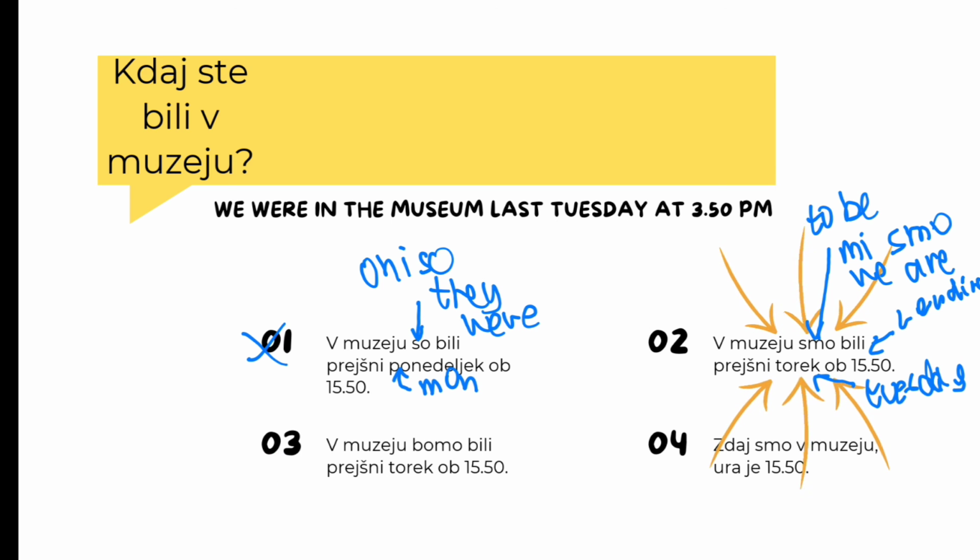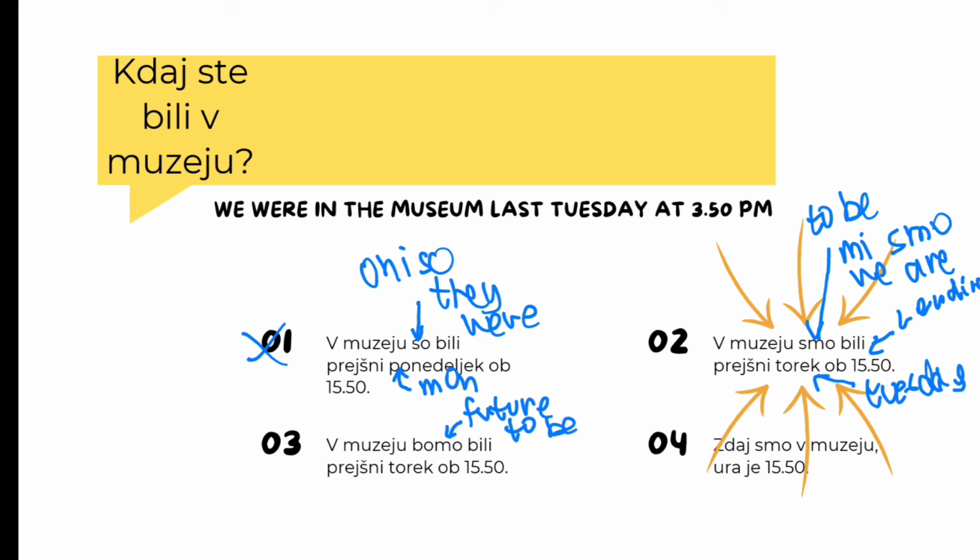Now, why is the third one wrong? "V muzeju bomo bili prejšnji torek ob 15:50." Simply because we use "bomo", which is future to be. But we want to talk about past tense, so it sounds silly.